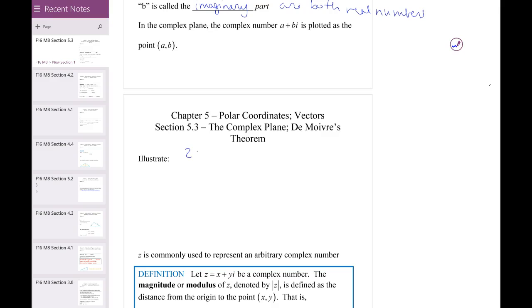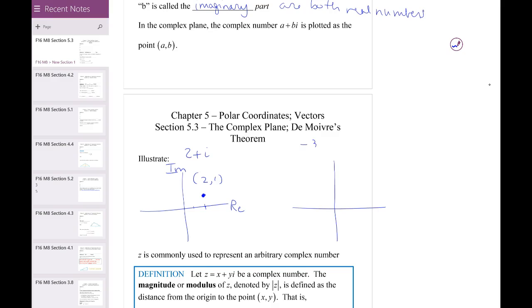So if you have the number 2 plus i, you label your axes real and imaginary, and you say this has a real number part of 2 and then an imaginary part of 1. So the point (2, 1) represents this complex number in the complex plane. So here's another example.